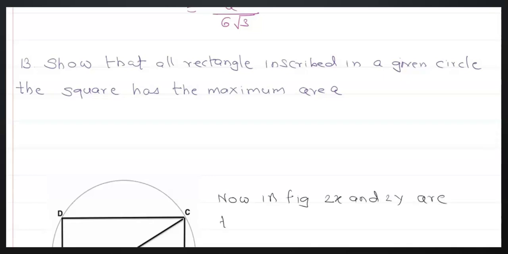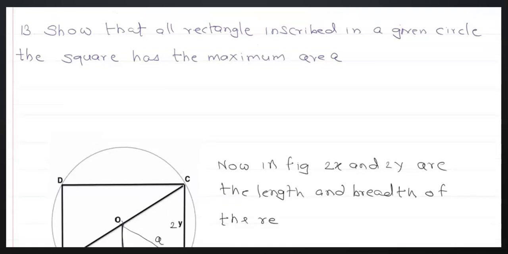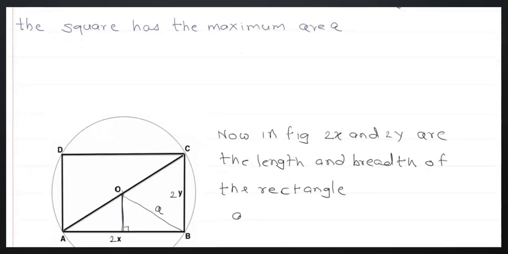Now see this here. In the figure, 2x and 2y are the length and breadth of a rectangle.